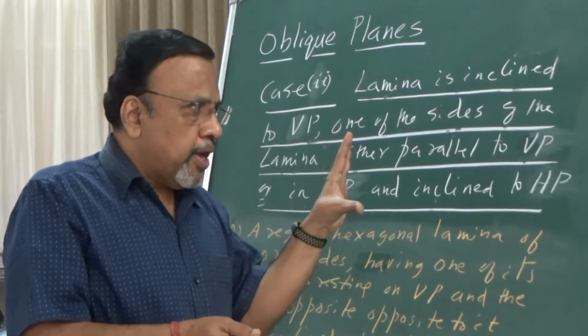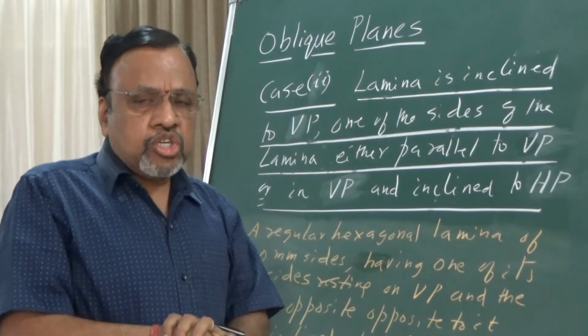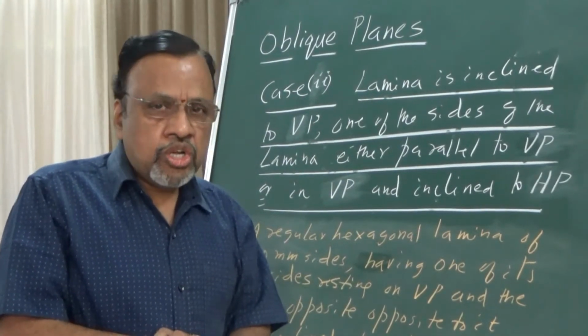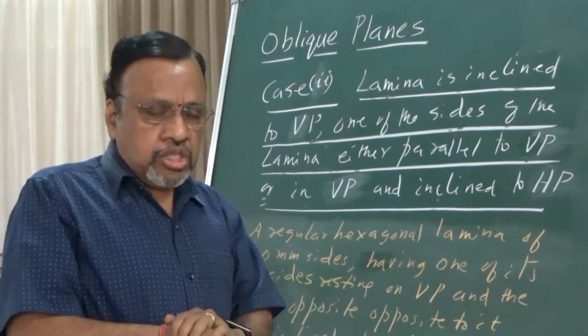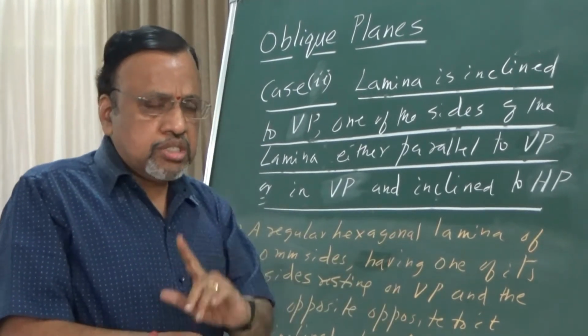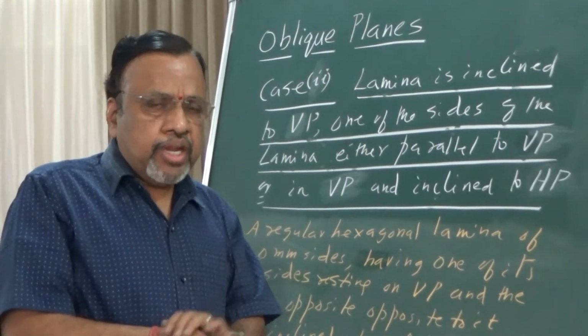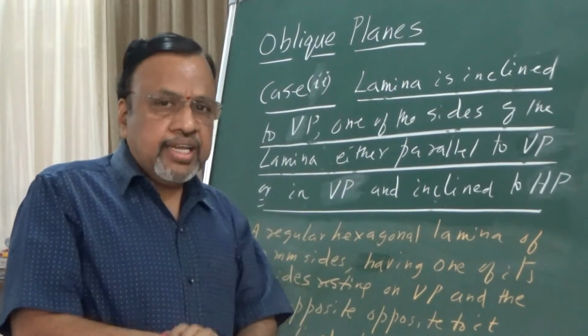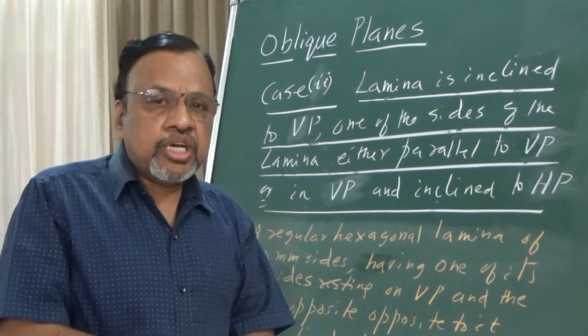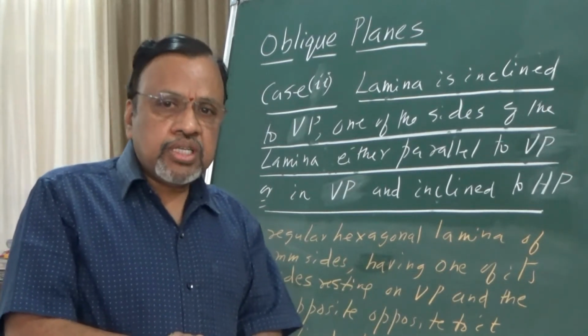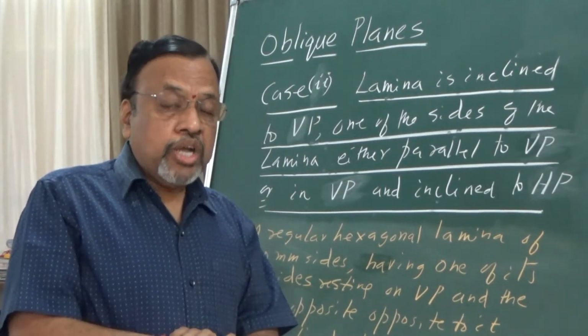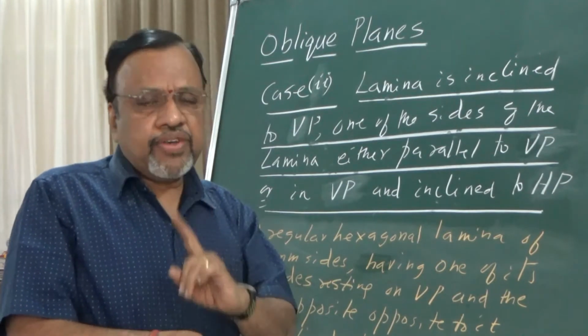Since it is an oblique plane, we know this can be done in 3 stages. Now the question is, how do I start? Remember, whenever both side inclination and surface inclination are given in the problem, I need to satisfy the surface inclination first.